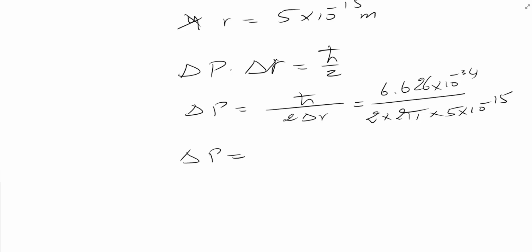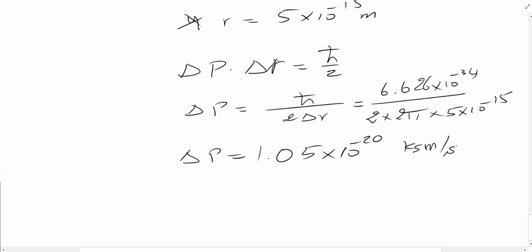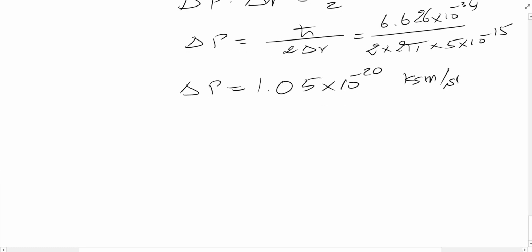So the correct answer in here is going to be equal to 1.05 times 10 to the negative 20 kilogram meter per second. We're using SI. Everything is in SI. So that is the uncertainty in the momentum for both of them, because there is no mass or anything else involved up to this point.